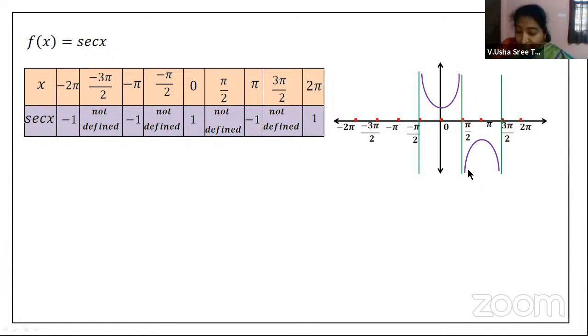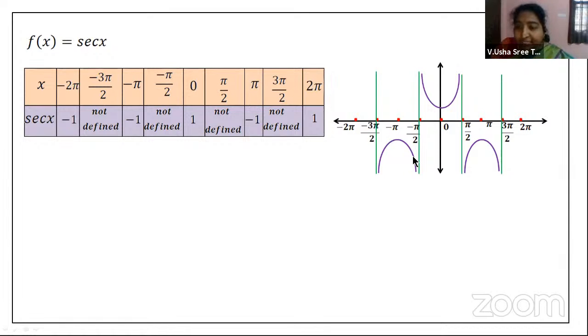Okay, children. Now, this is the pattern what you're getting. Now, observe this from here to here. How many degrees you have taken? 180, isn't it? This is minus pi to minus pi by 2 is 90, and minus pi to minus 3 pi by 2 is 90.